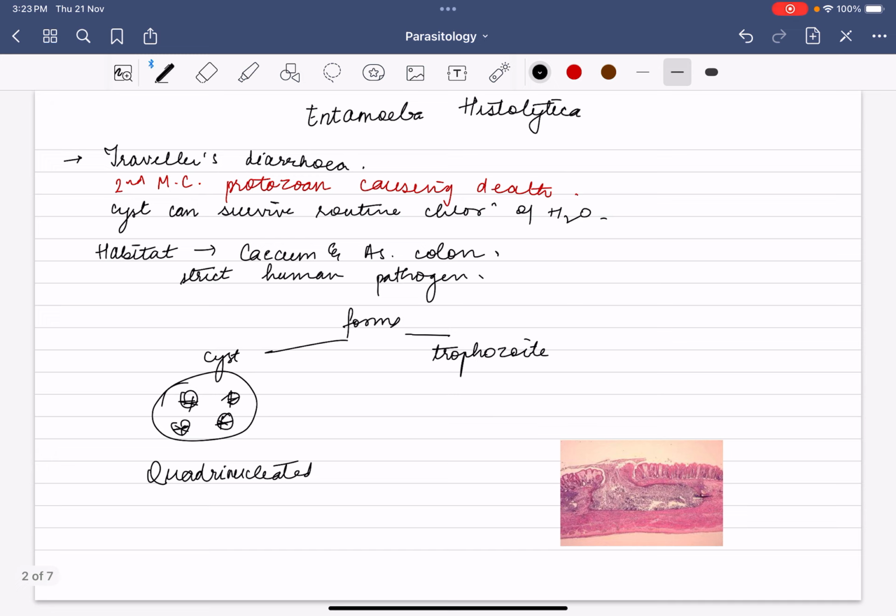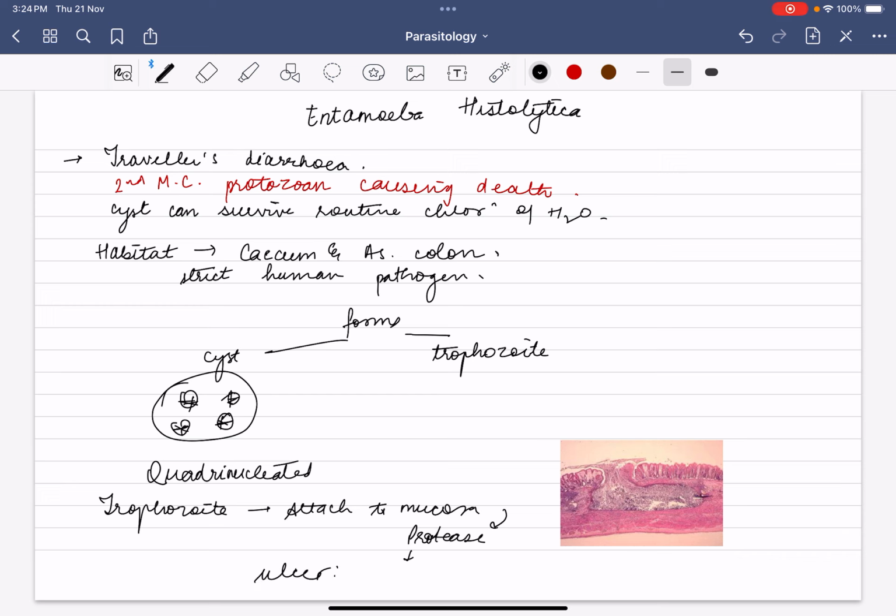Now what the trophozoite does is it enters through your GI tract. It spreads by the fecal-oral route. The trophozoite attaches to the mucosa and releases protease. What will happen? There will be ulcer formation.